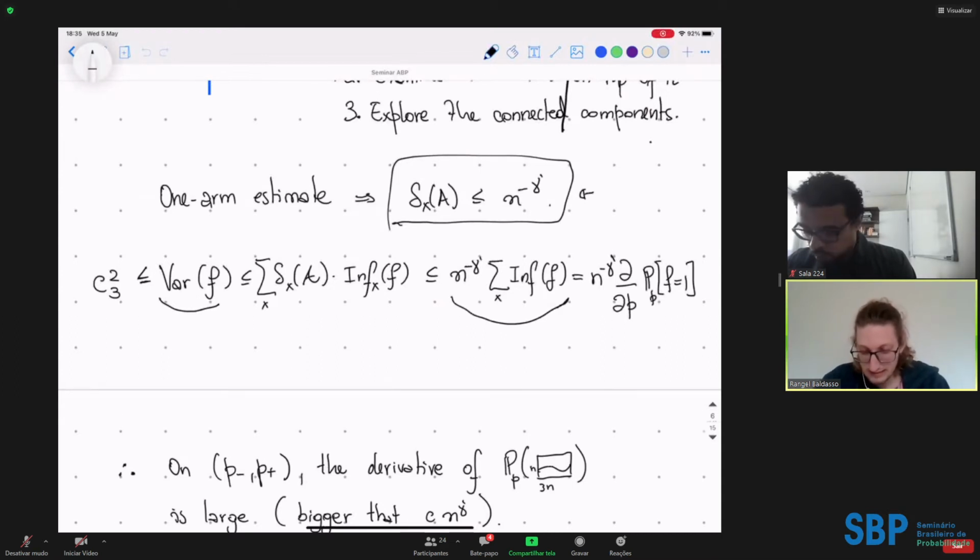And the sum of influences, this is Russo's formula. The sum of the influences is actually the derivative of the probability of having a crossing.